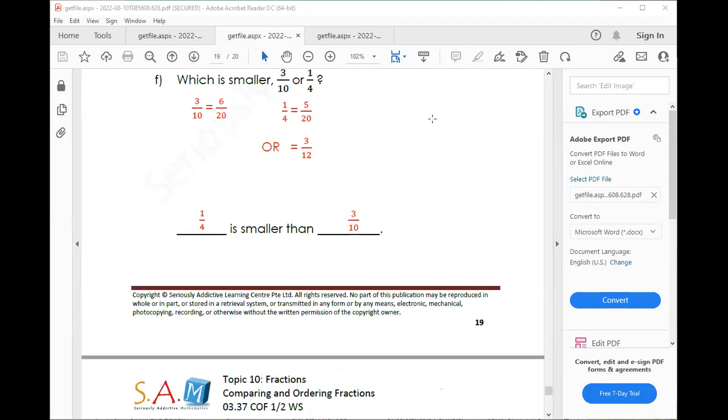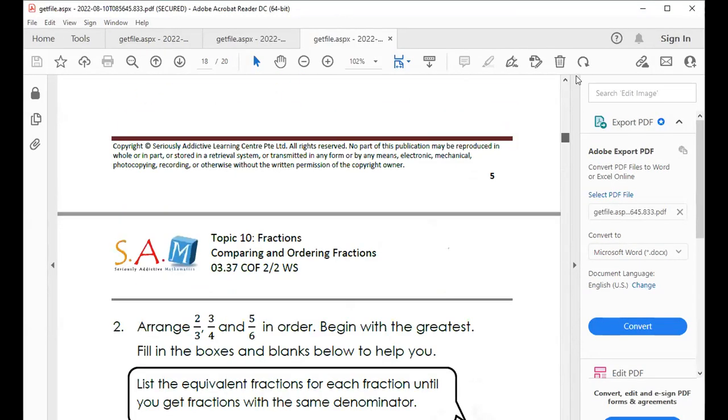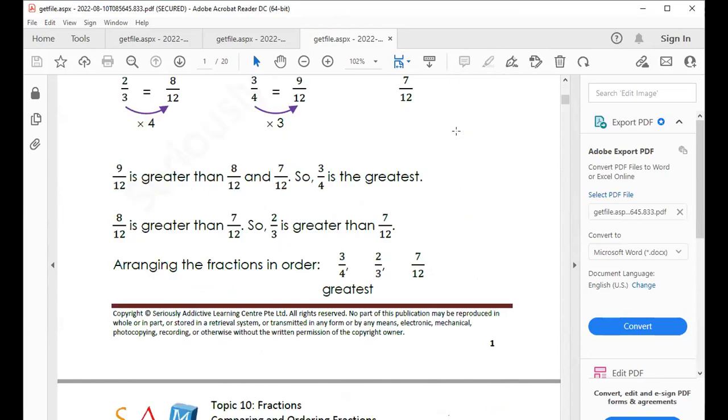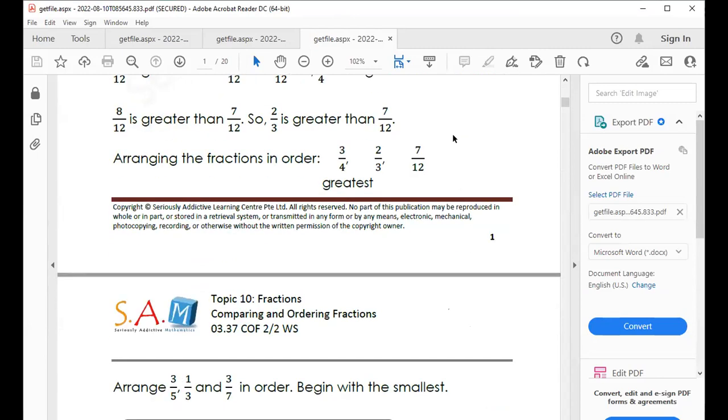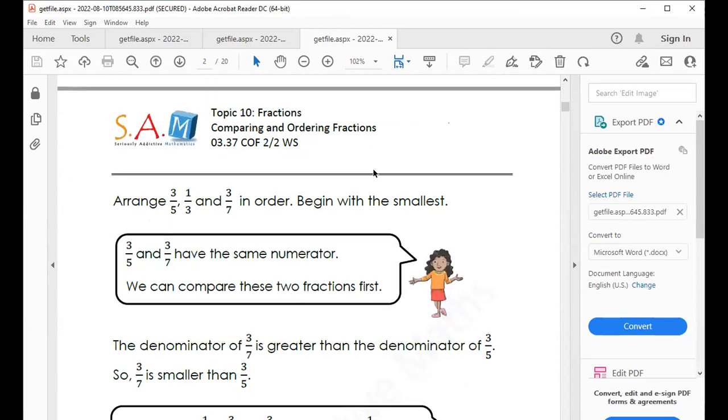All right, so for book number 3, it is actually quite straightforward because it is about ordering. So once they have learned how to compare, they now do the ordering. All right, ordering of fractions. Okay, so most of the questions are the same. Arrange 3 out of 5, 1 out of 3, 3 out of 7 in order, beginning with the smallest.